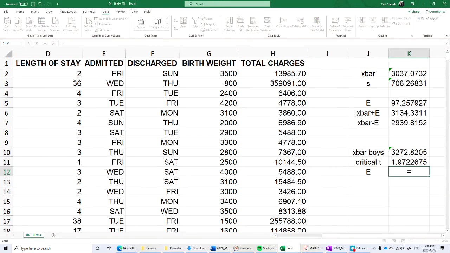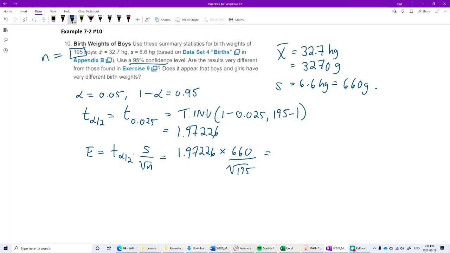This is K11 times the S value, which is 660, divided by square root of 195. 93.216 grams.